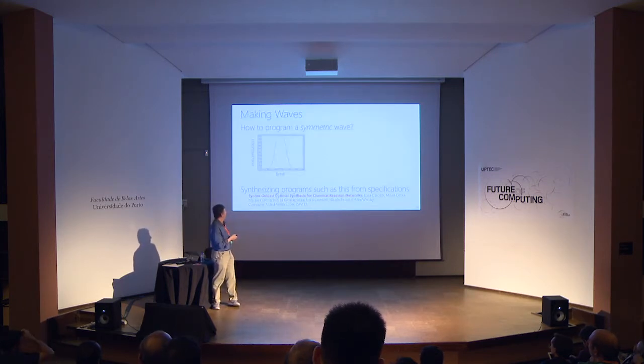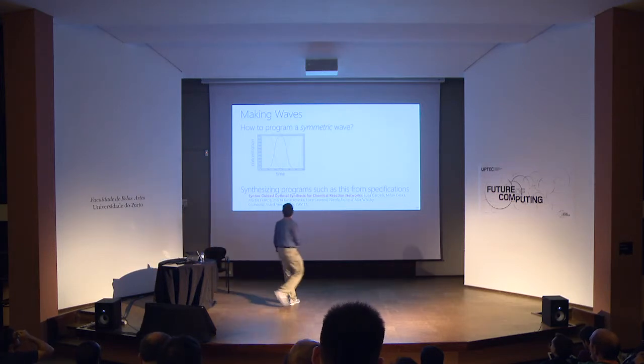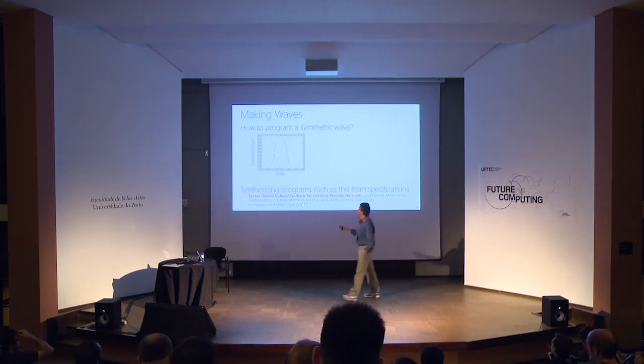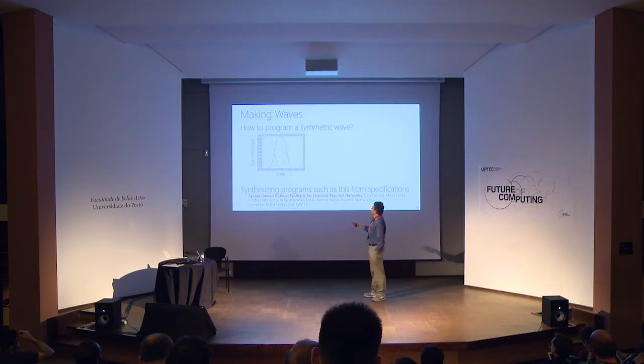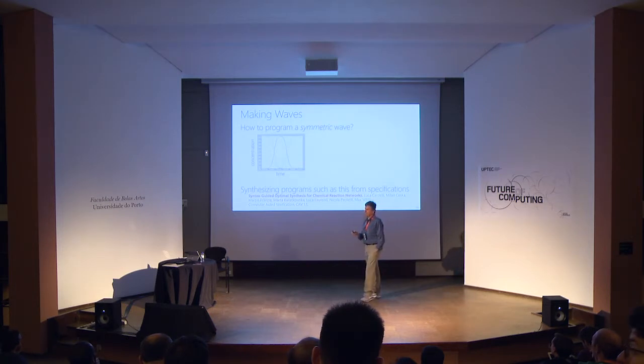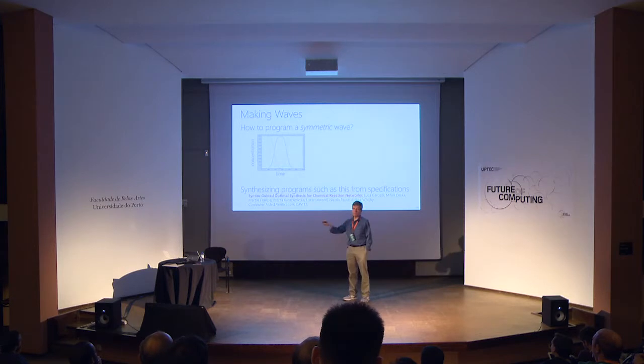And a simple programming exercise I could give you is: give me a chemical reaction network that gives you this nice symmetrical shape as output. And this is tricky because in chemical reactions, everything decays exponentially. If you have a unimolecular reaction, it's an exponential decay, so it's not symmetrical.